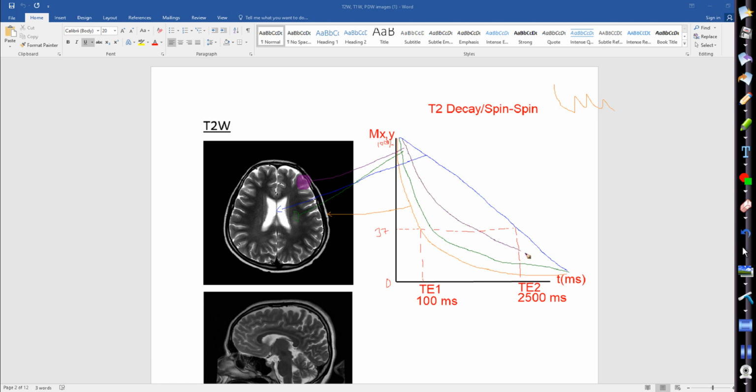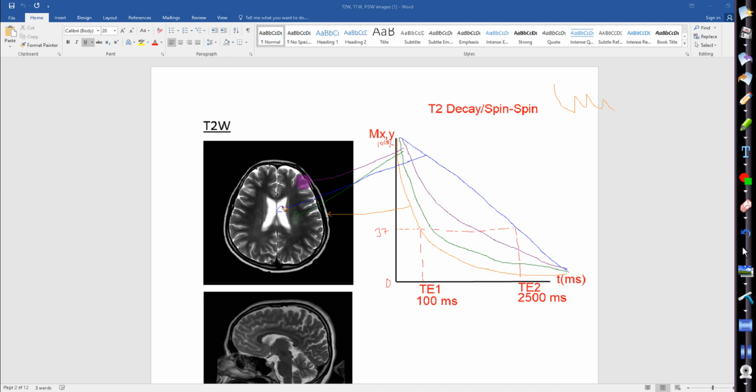Maybe something like that. So I just wanted to highlight that you can have these curves for every tissue. We talk about fat and water all the time, but remember, every tissue has a specific T2 decay time. And that time is when it crosses this 37% threshold. Right?